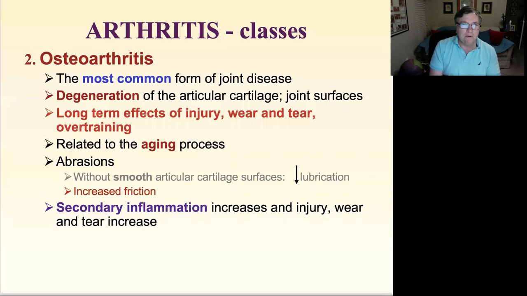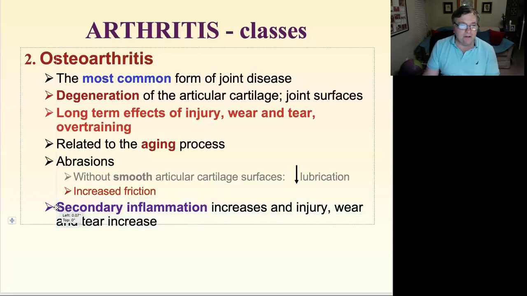as they would before. So we're going to switch now to osteoarthritis, which is the most common form of joint disease. It's degenerative, it's chronic, it's long-lasting. It usually starts with an injury or wear and tear, overtraining, aging, some combination thereof. There are often abrasions where things start. This reduces the lubrication, increases friction, and then there's secondary inflammation.